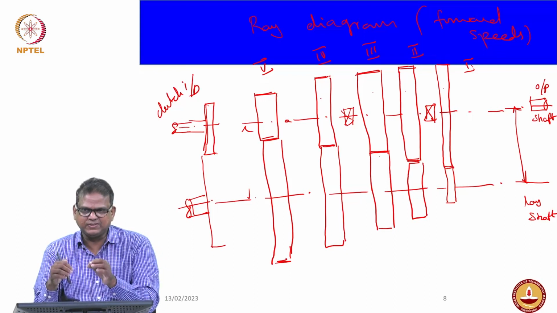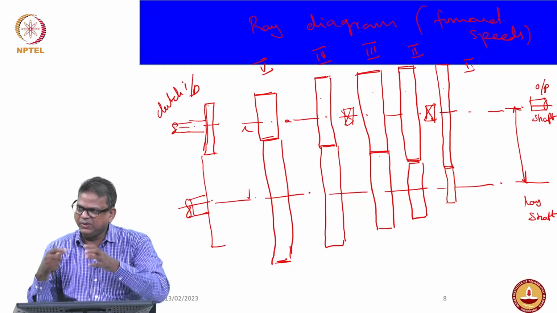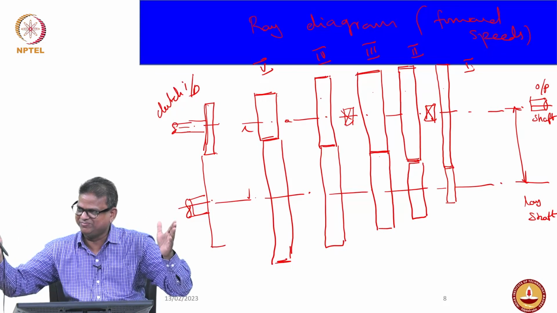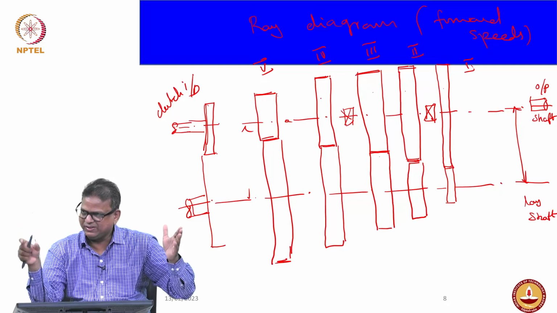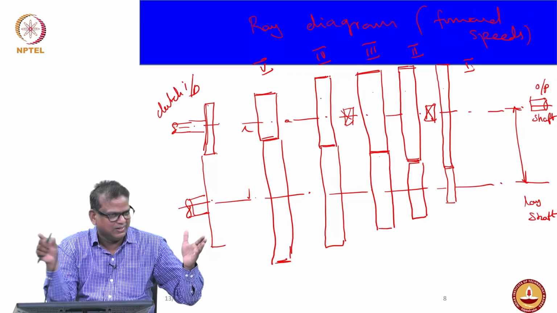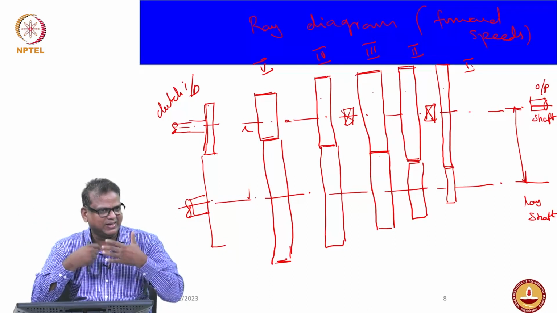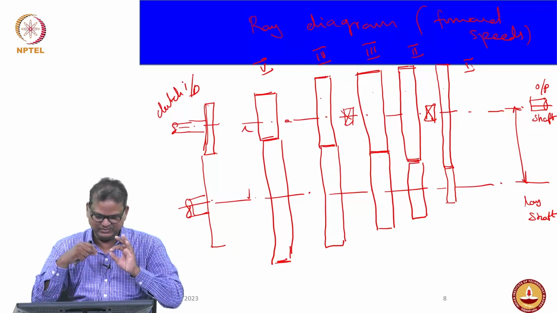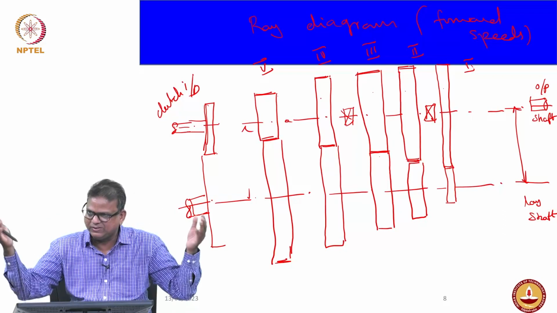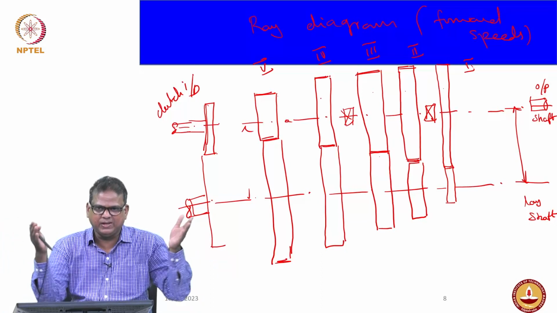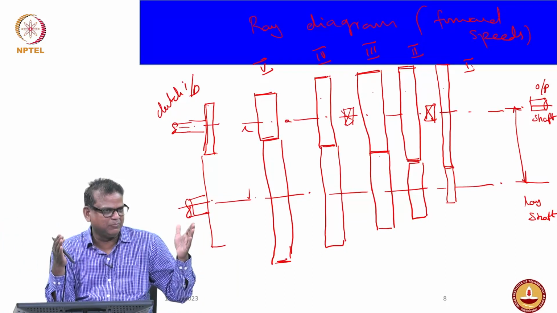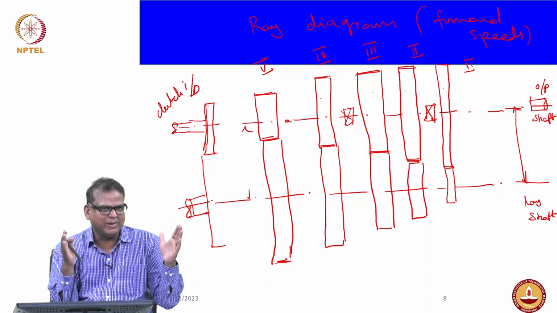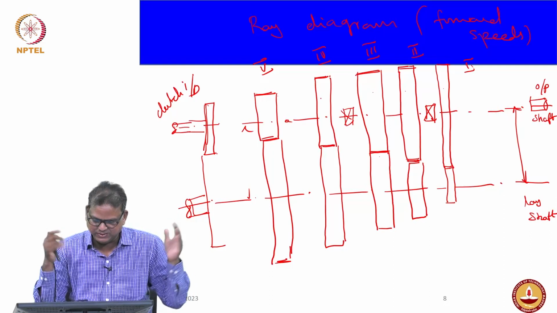Why I am emphasizing this: it also will fix the length of the shaft. The phase speed and the spacing between the gears are directly fixing the length of the shaft. The length of shaft also needs to be as small as possible, so that you make the gearbox compact.